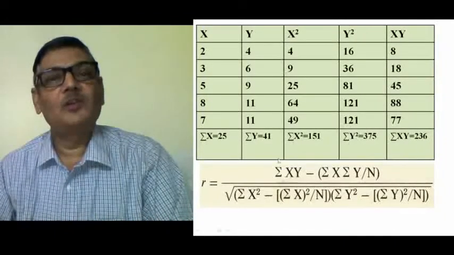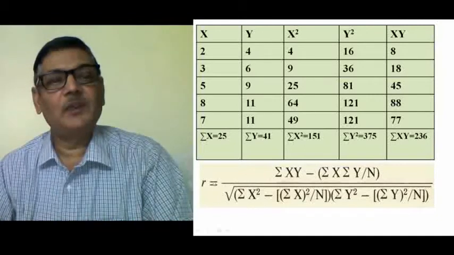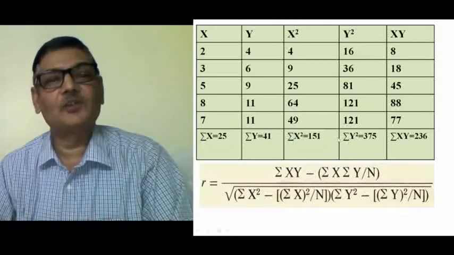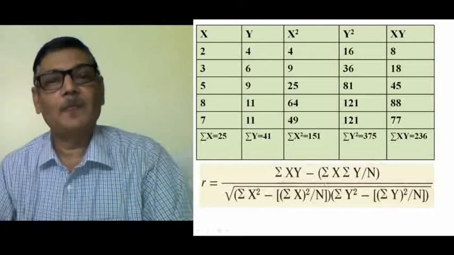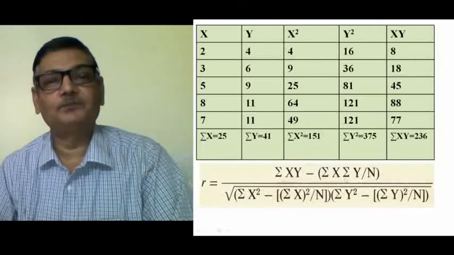Now what we are doing, we have to simply put the values of sum of x, sum of y, sum of x square, sum of y square, and sum of xy in this formula. So here sum of xy will be written, it will be 236 minus sum of x, it is 25, into 41 because it is sum of y, divided by 5 because 5 variables are there.